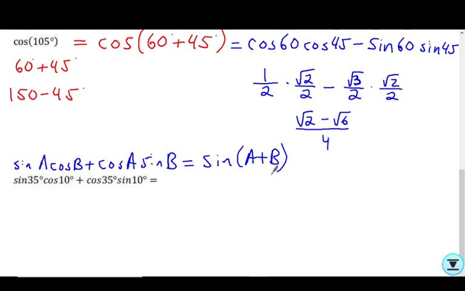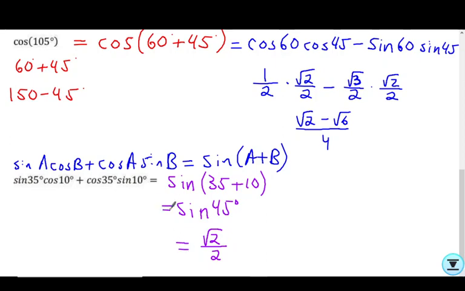Which means what I have here is going to be the sine of 35 plus 10, because 35 is A and 10 is B, so we plug those in. That means we're looking at the sine of 45 degrees, and from the unit circle, that's root 2 over 2. So this is equal to this. That's it. There's the sum and difference.